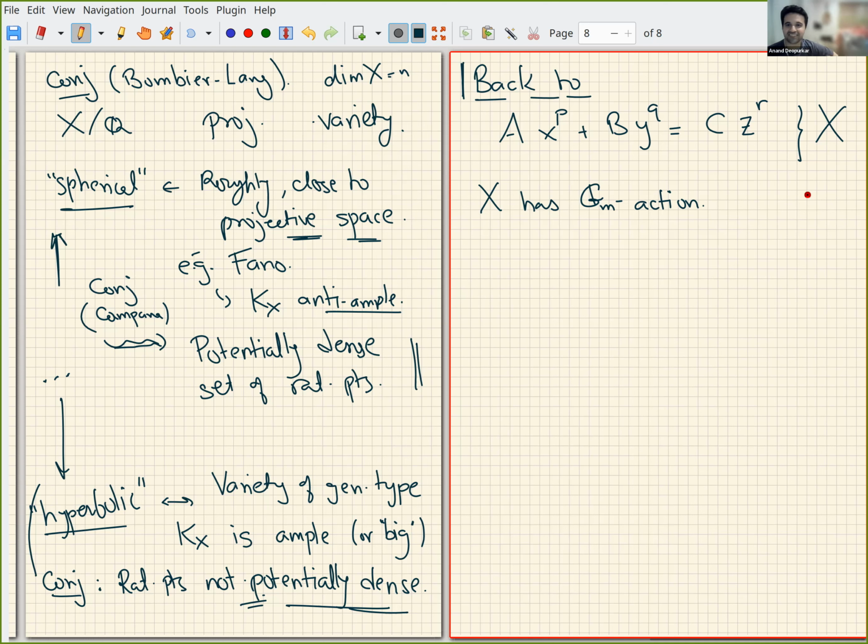Okay. So this is some variety X, and it has an action of the multiplicative group. If P, Q, R are equal, it's obvious what the action is.